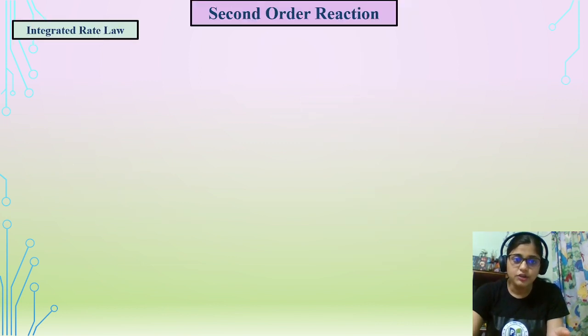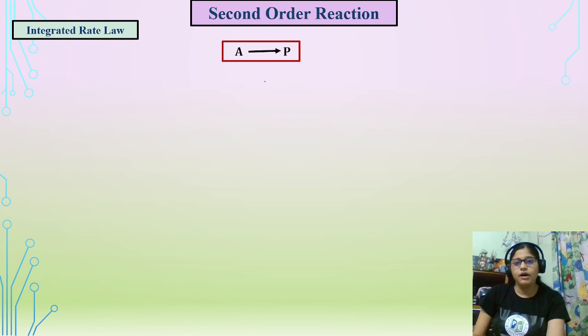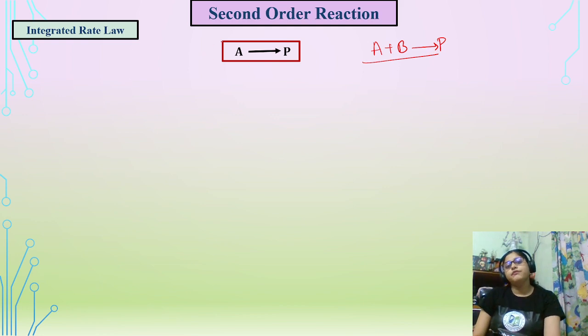Now the integrated rate law. We are now assuming that only A molecules are present, but there is another representation of second order reaction, A plus B giving P. I will come to that part, but before that, let's read only this one.